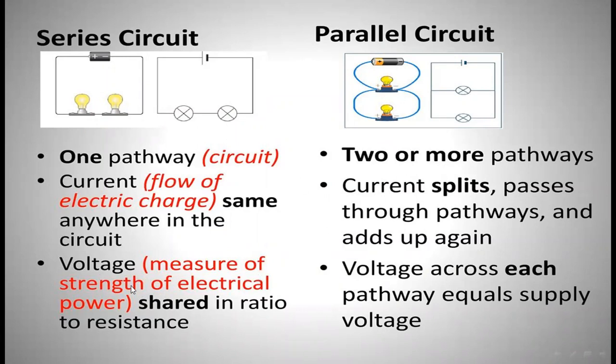Voltage is the measure of the strength of electrical power, shared in ratio of resistance. In a parallel circuit, the voltage across each path equals the supply voltage. This one is the definition of a series circuit and that one is the definition of a parallel circuit.